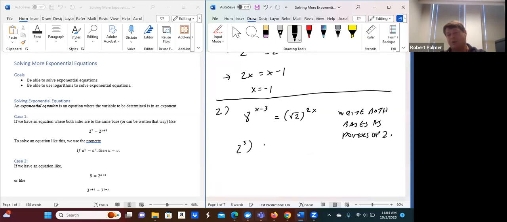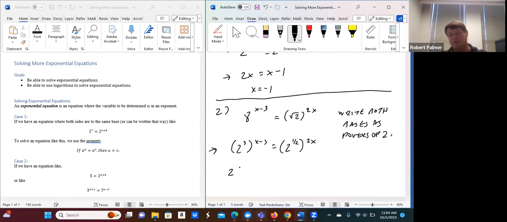So this is (2^3)^(x-3). Now, hopefully you remember that radicals, roots and so forth, can be written as a power. A square root is the same thing as the 1/2 power. This is the same thing as 2 to the 1/2 times 2x. Once again, using that same rule we mentioned before: when you have an exponential expression raised to another exponent, you multiply the exponents together.